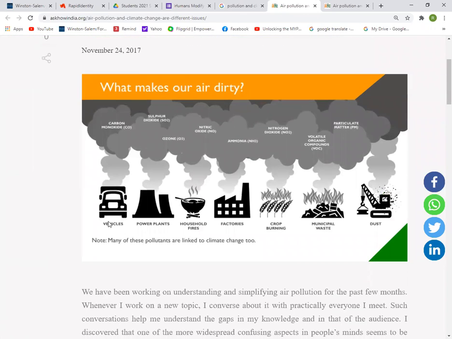Okay, from vehicles, we produce carbon monoxide. From power plants, we produce sulfur dioxide. Of course, this does not include the nuclear power plants because nuclear power plants do not release greenhouse gases because they don't burn fossil fuel.